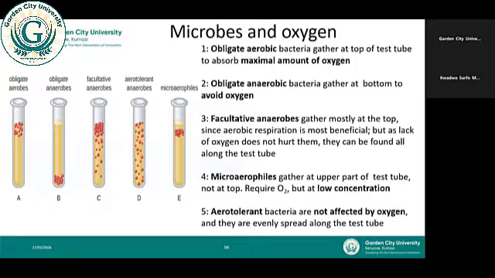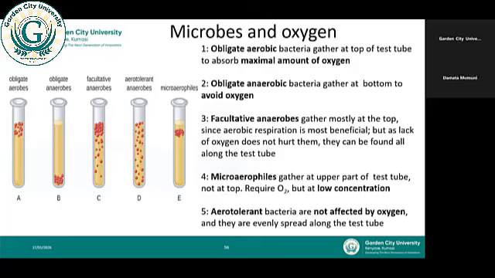Most of them are aerobic and can undergo anaerobic respiration. A typical example is when you culture them and oxygen is depleting. If oxygen is depleting, they can undergo anaerobic respiration. So they are facultative anaerobes. Somebody says you will become a facultative nurse. So that's a facultative anaerobe.